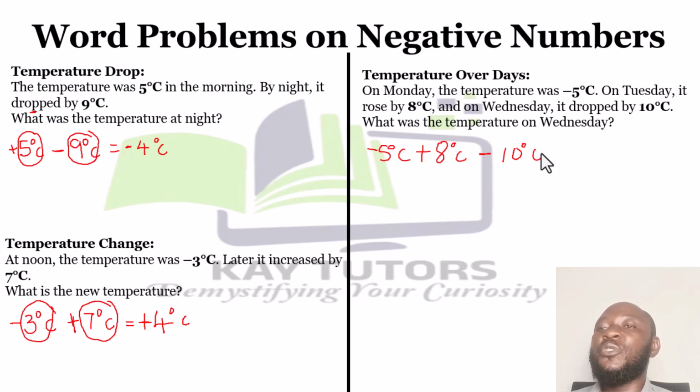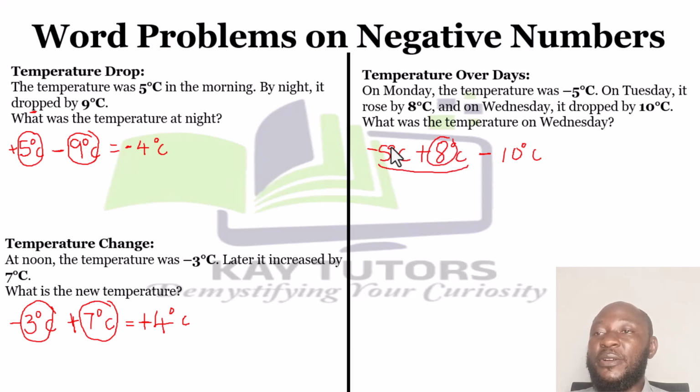The temperature on Wednesday is very simple. Here, you're going to do your subtraction and addition bit by bit. So first of all, let's take care of this first 2 here. Now, minus 5 degrees Celsius plus 8 degrees Celsius. Now, don't forget, now minus 5 plus 8 degrees Celsius. Don't forget that this is actually bigger than what?